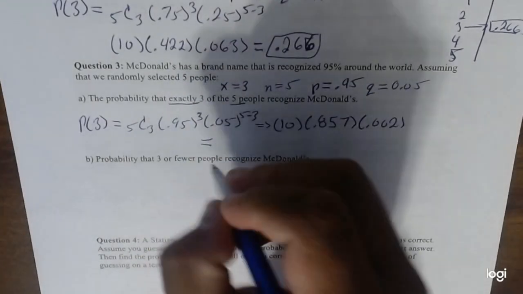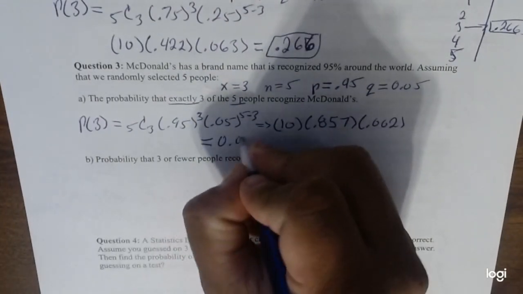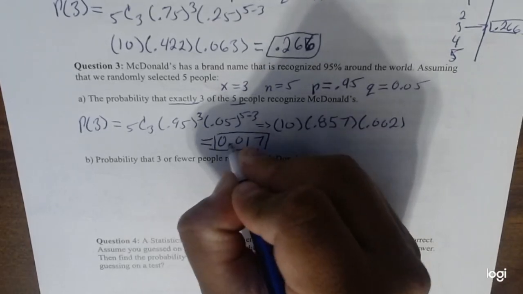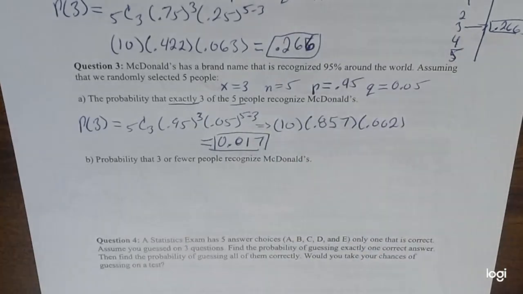So which gives us a grand total of 0.017. And there we go.